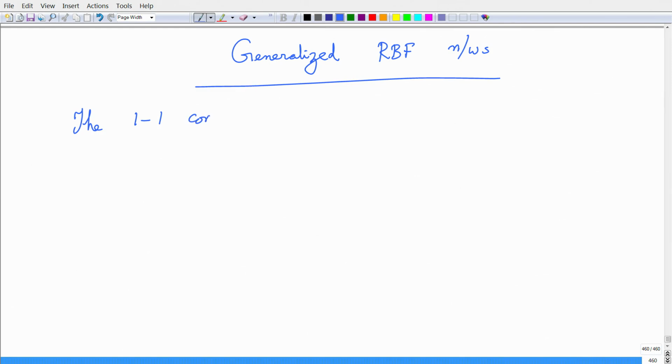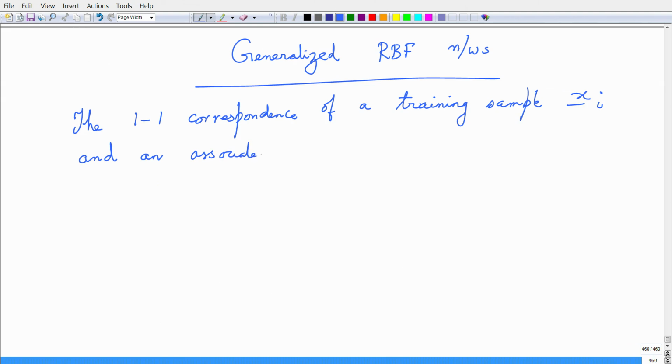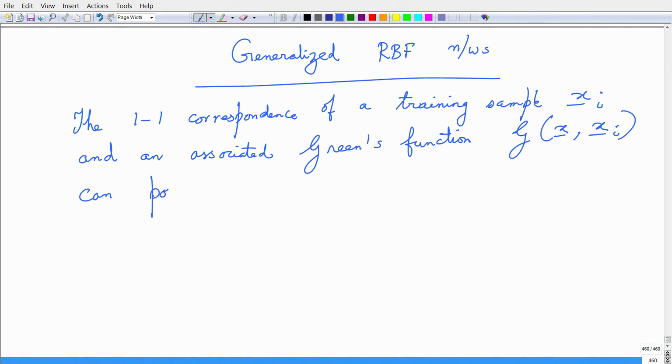The one to one correspondence of a training sample x_i and an associated Green's function G(x, x_i) can pose many problems, particularly computing problems that involve both the computational side, that is evaluations, and memory as well.